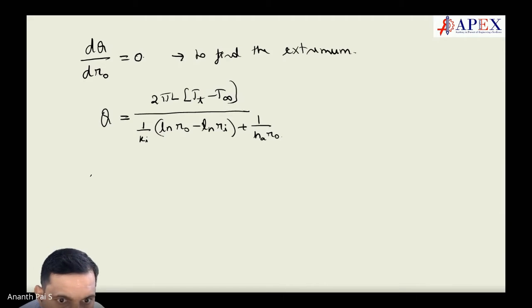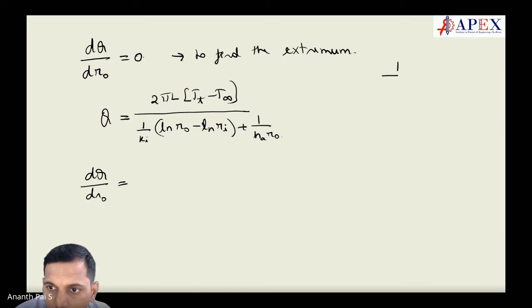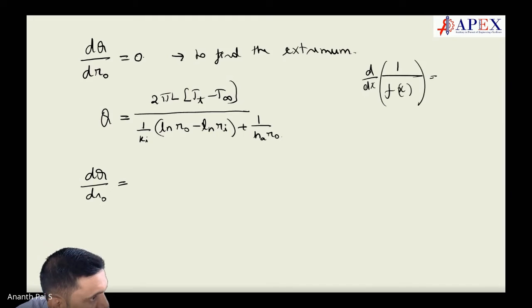How to differentiate dq by dr naught? Differentiation of 1 by function of x is minus 1 by f of x square into f dash of x.